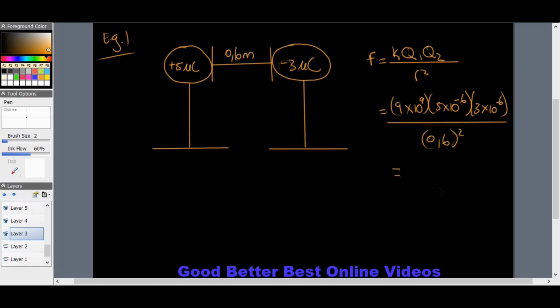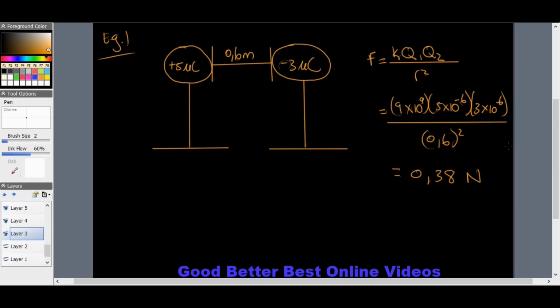If you have a look at that, I need my calculator. Should give us a relatively small answer, about 0.375, so 0.38 newtons if you round it up to 2 decimal places. Quite simple, quite easy. Very, very small force between the two.